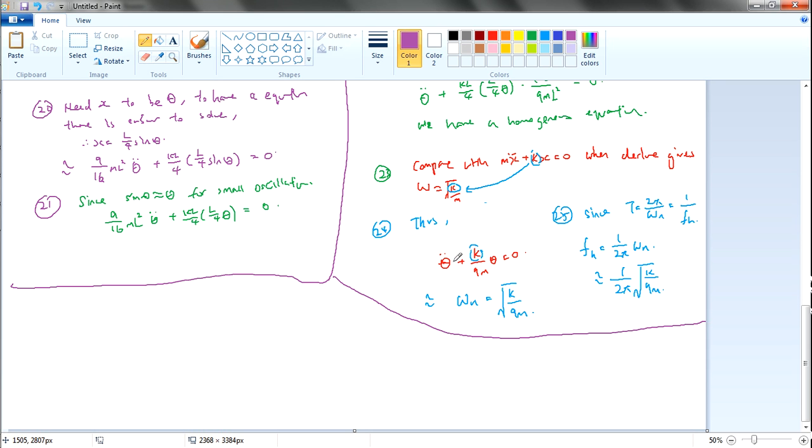This is theta double dot plus k over 9m theta equals to 0. So you can see that k and m, when you divide everything by m, you eventually get the square root of k over m as omega. A bit blurry already. But for this case, it's about the same.